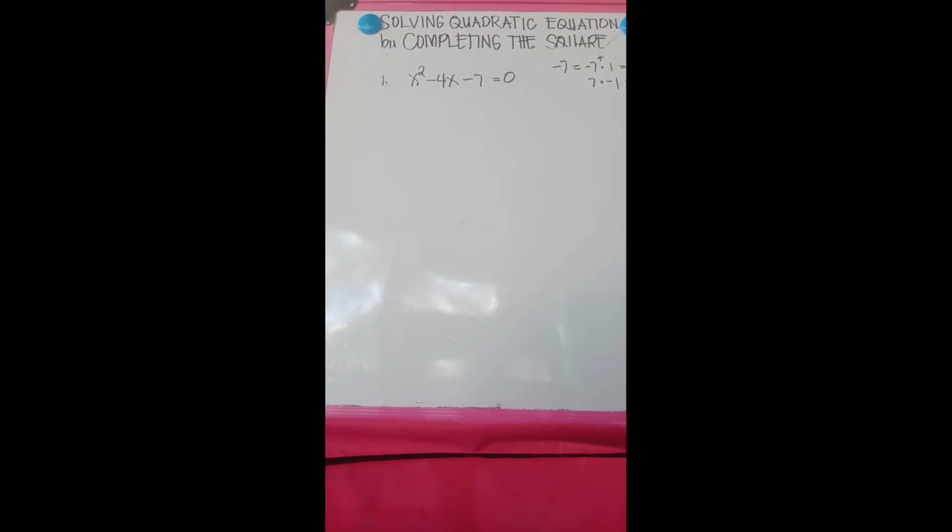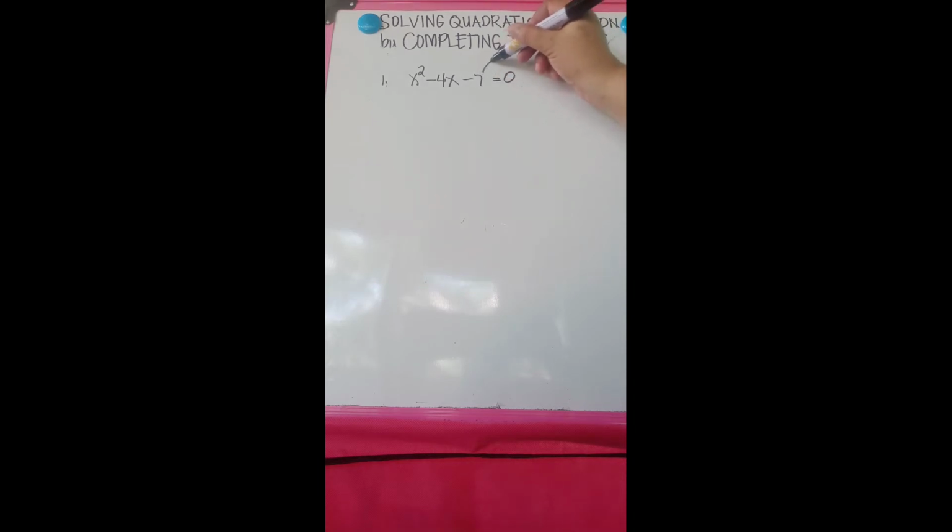Okay, and syempre hindi rin siya pwede by extracting the square root because it is not in the form x squared equals k. So, ngayon, let us solve this by completing the square. So, ang unang gagawin is rewrite the equation such that all the variables are in the left side of the equation and the constant term is in the right side.